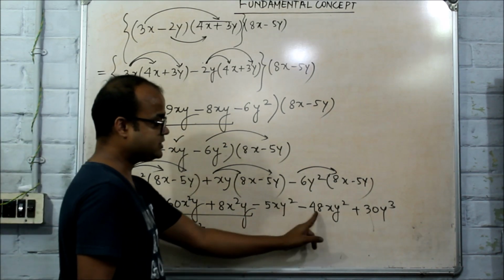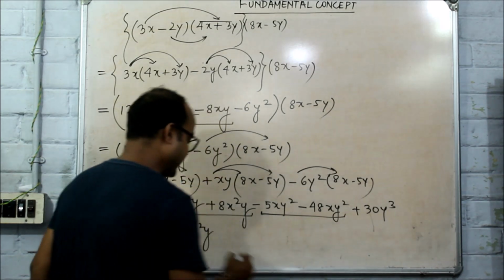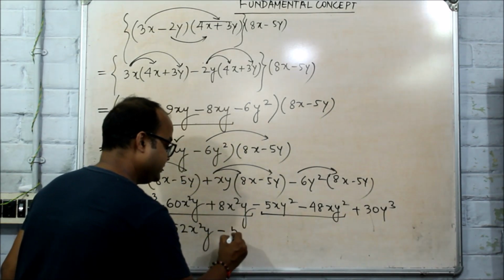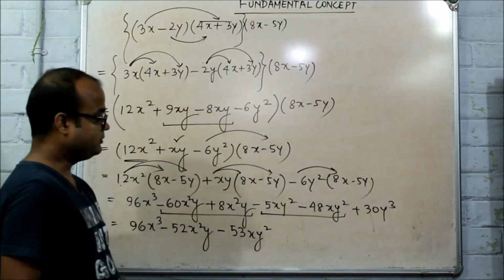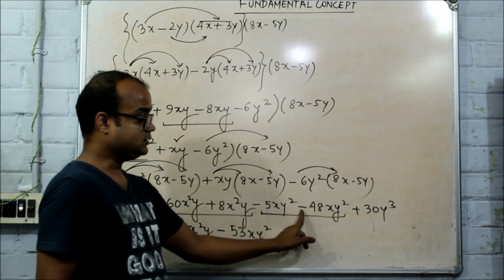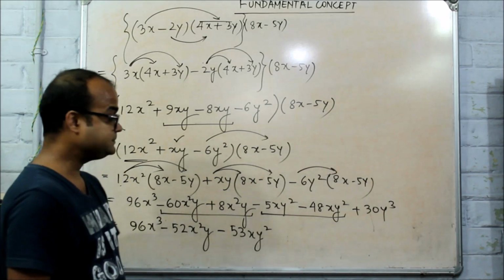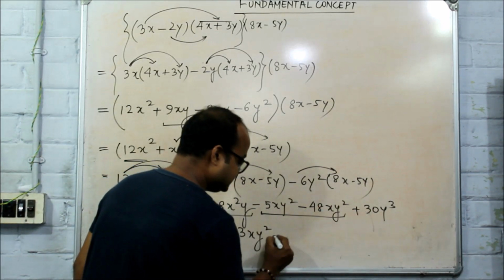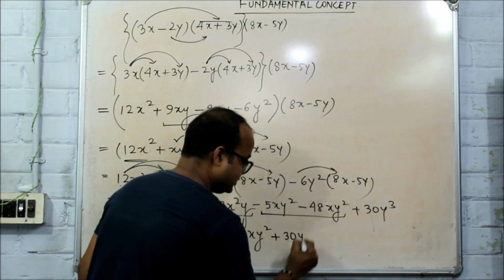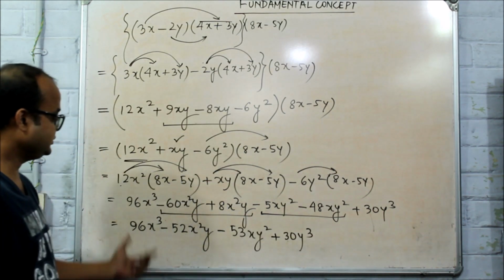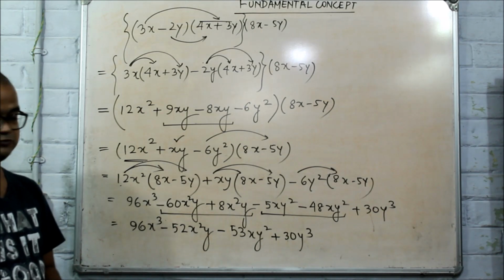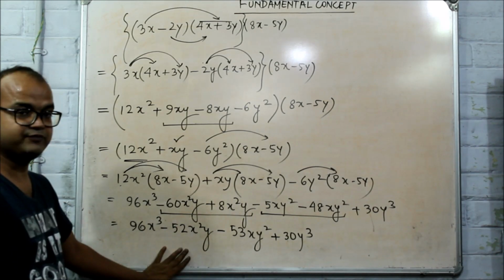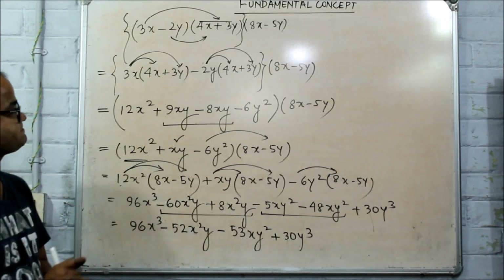These two are like terms with the same sign, so we need to add, so minus 53xy square. If you remember, same sign, always we added, plus 30y cube. So this is your answer, because all terms are unlike terms, so we cannot simplify further.